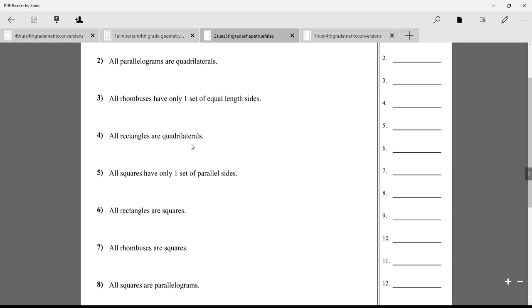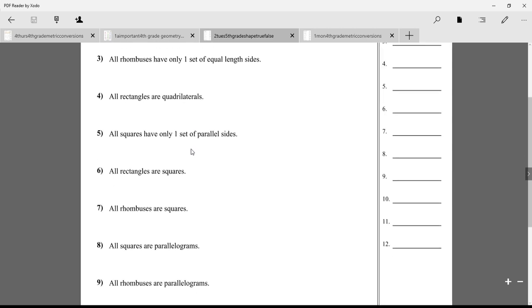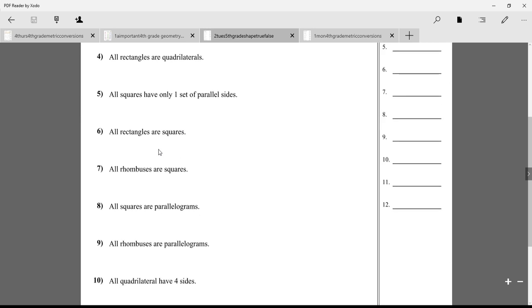All rectangles are quadrilaterals? Yes. All rectangles have to have 4 sides. All squares have only 1 set of parallel sides. Nope. Squares have 2 sets of parallel sides.